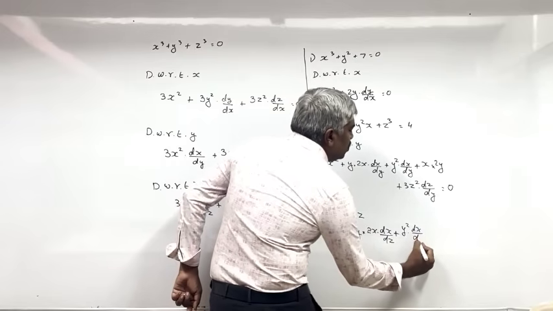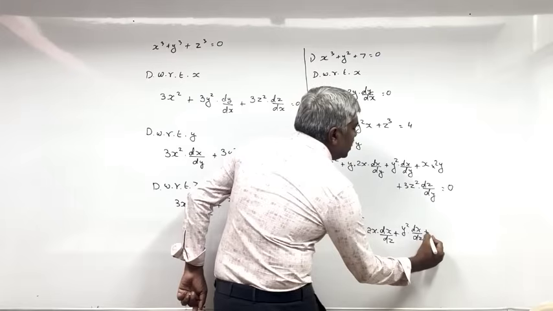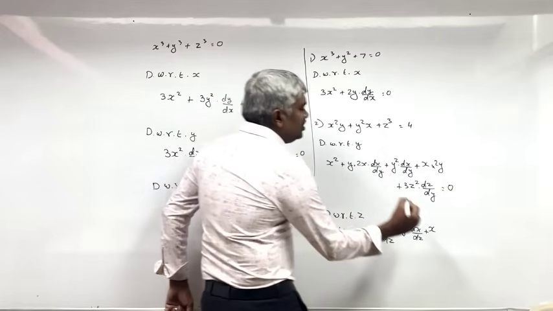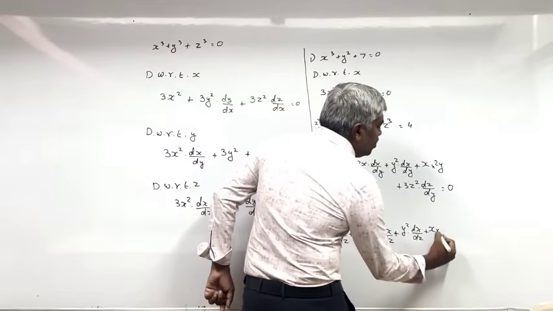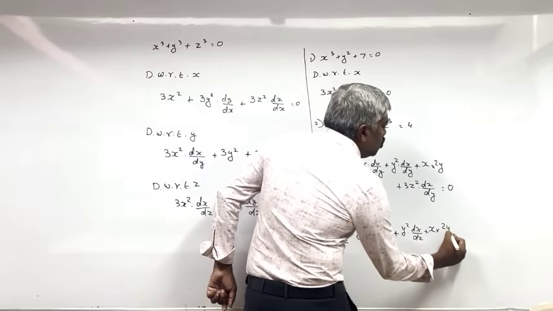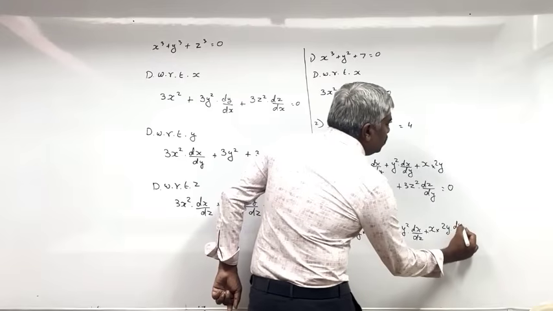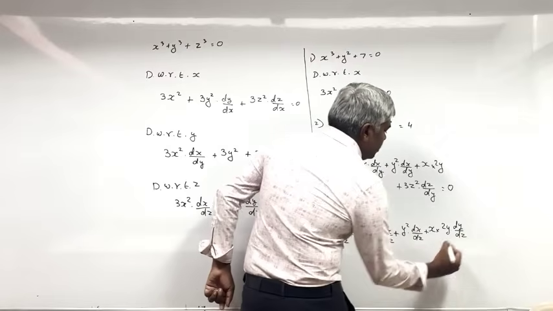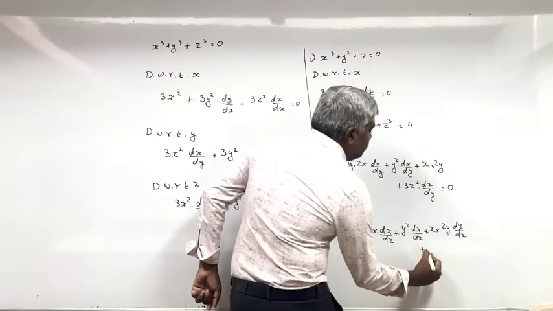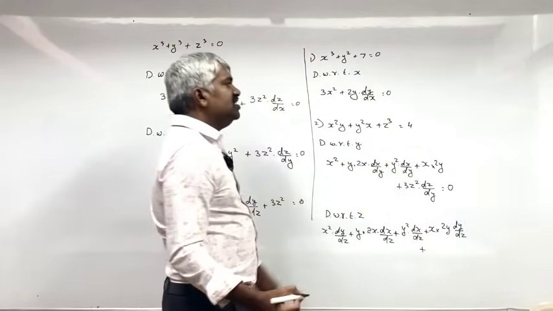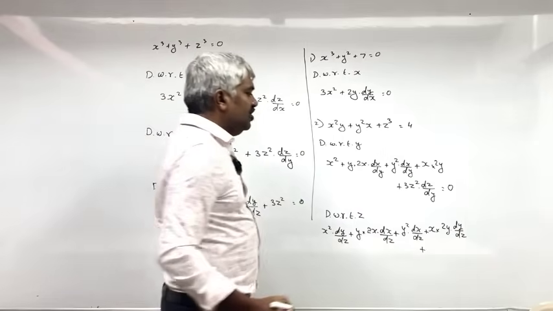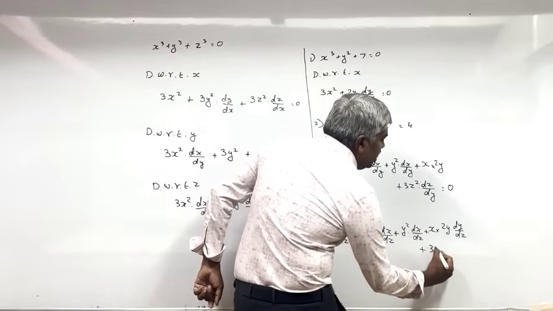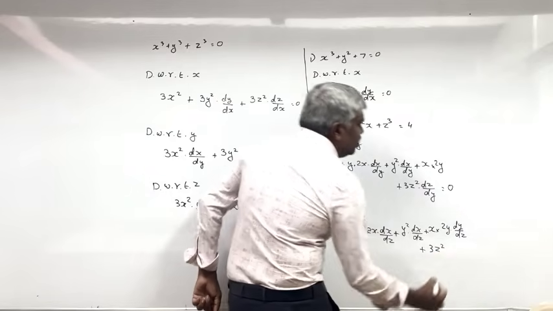dx into dz. What is the differential of y square? 2y into dy by dz, plus z cube. The differential of z cube is 3z square.